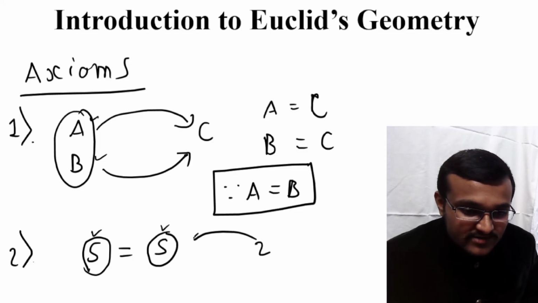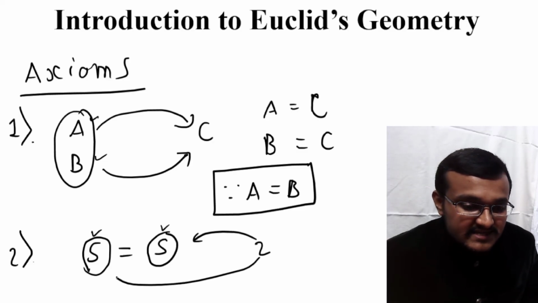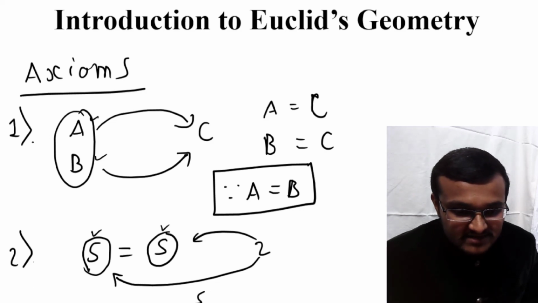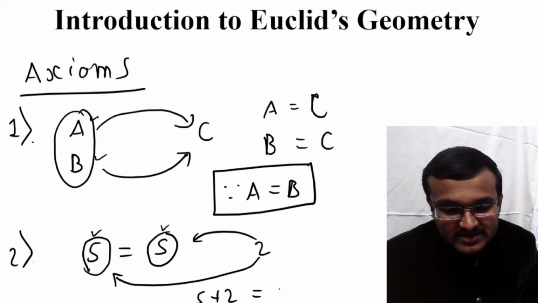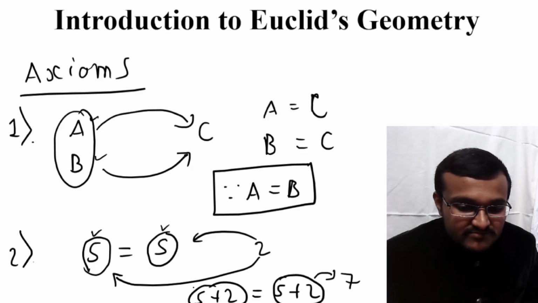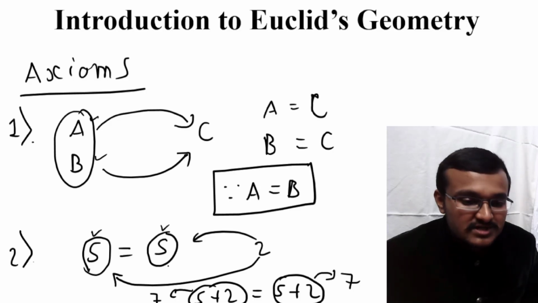The same 2 you add to both, so this becomes phi plus 2 is equal to phi plus 2. Phi plus 2 is 7, and this phi plus 2 is also 7.